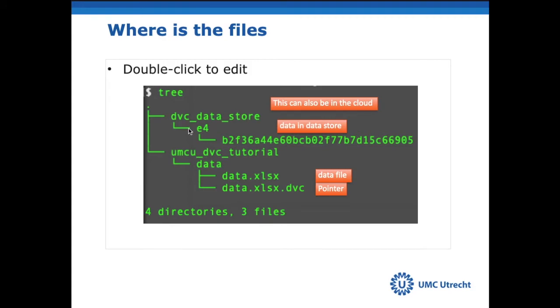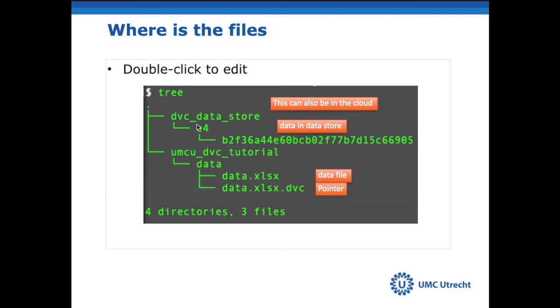If I go into the directory where I have both the UMCU DVC tutorial and the DVC data store that I just created, and apply the tree command, I would see that I have my data file, and I have the pointer to this data file.